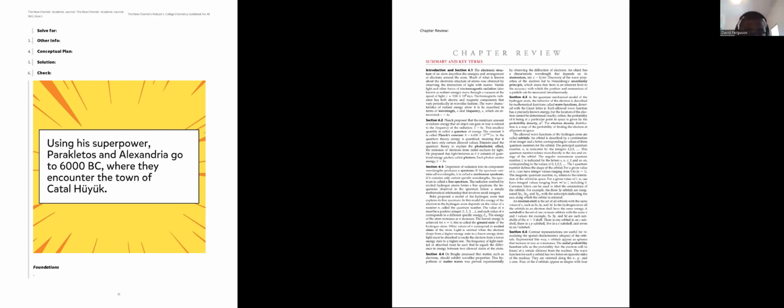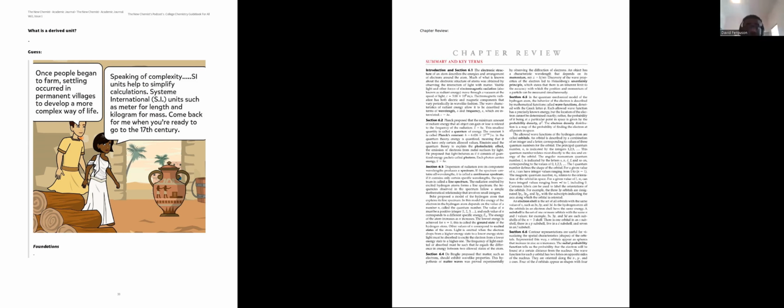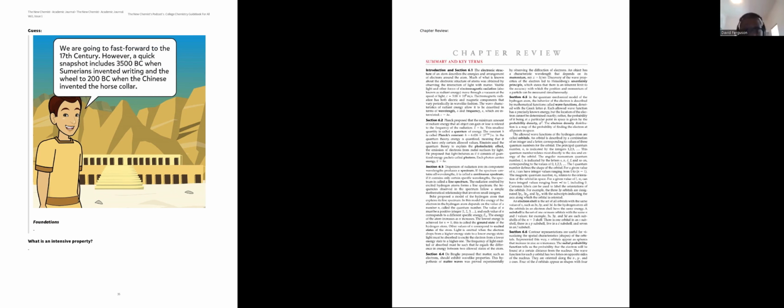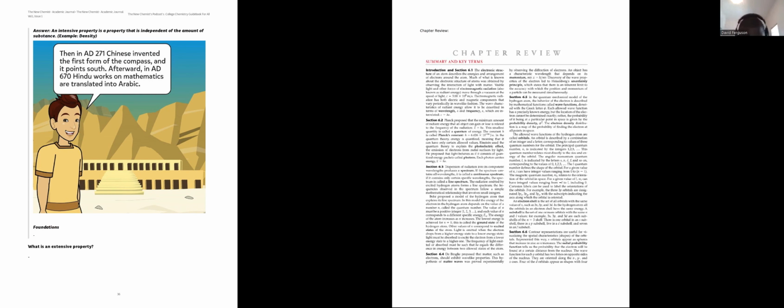In the quantum theory, energy is quantized, meaning that it can have only certain allowed values. Einstein used the quantum theory to explain the photoelectric effect, the emission of electrons from metal surfaces by light.